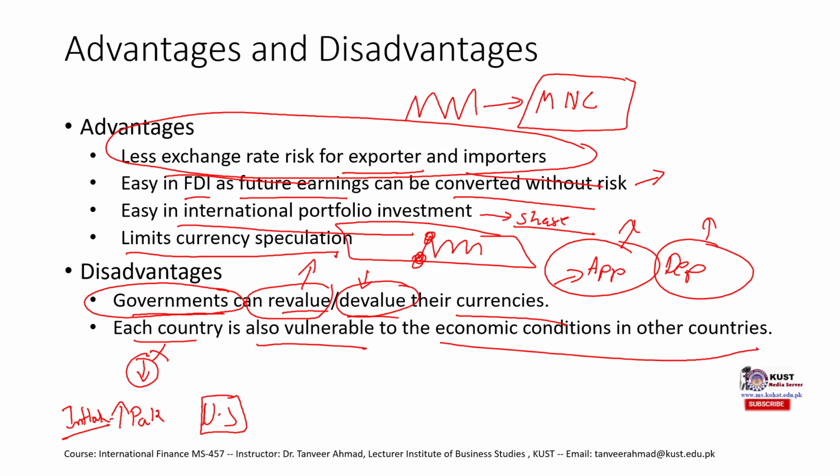So what would happen is that if inflation increases, Pakistani goods would get more expensive. So Pakistani nationals would want to buy US products because they have now become cheaper for them. So Pakistani nationals would start importing US goods, and in this process the demand for US products has increased, and hence their prices would increase.